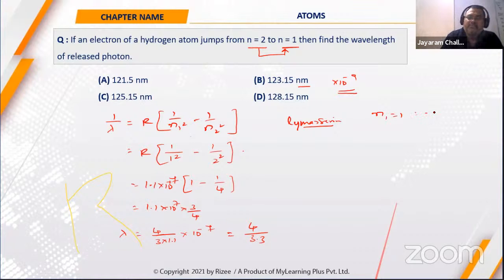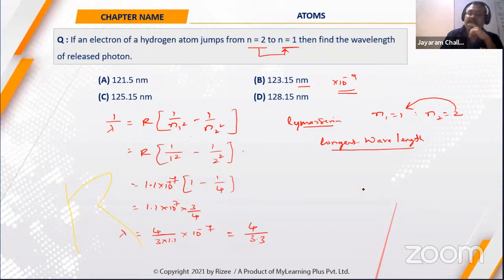If the electron jumps from the immediately next orbit, that is 2, to the base orbit, that is, from n is equal to 2 to n is equal to 1, then we call it the longest wavelength. So this is the condition.